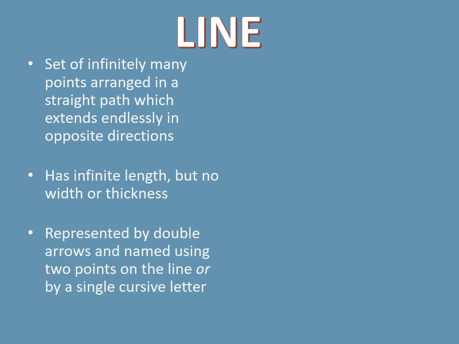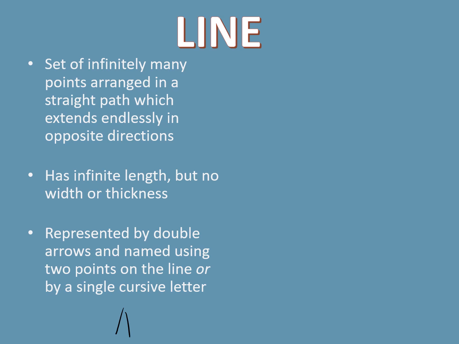We represent lines using double arrows, and we name them one of 2 ways. We can either use 2 points that are on that line, or we can give that line its own special name, and we use a single cursive letter. So you may see lines written in one of 2 ways.